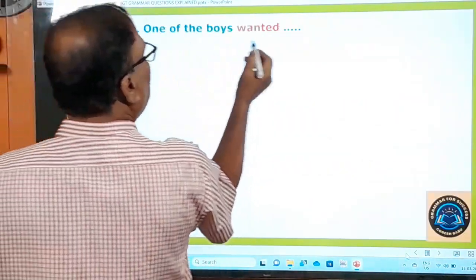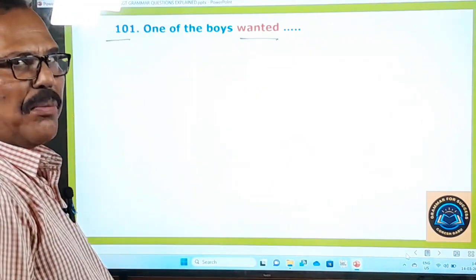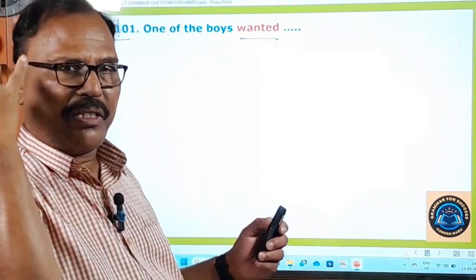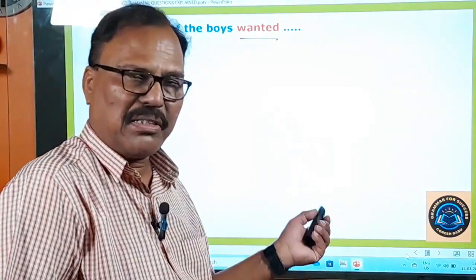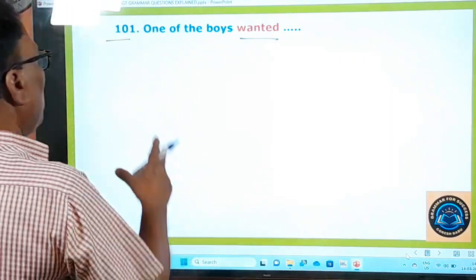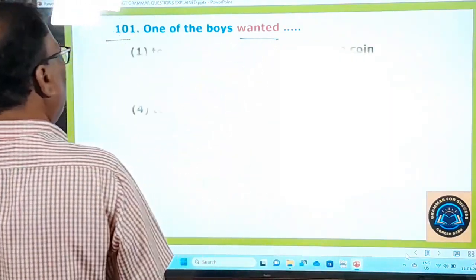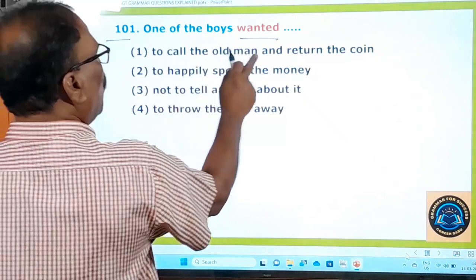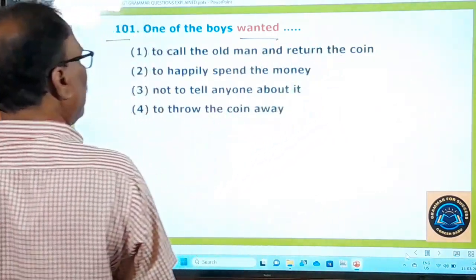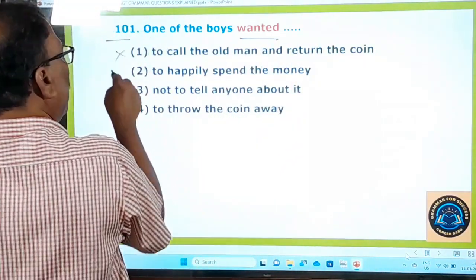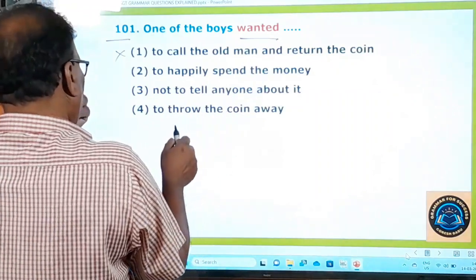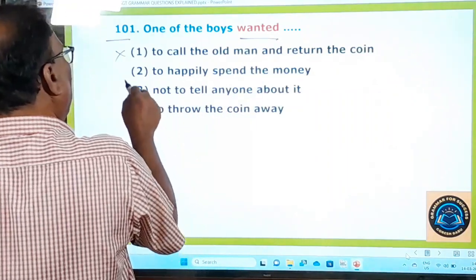101. One of the boys wanted. Of the two boys, one is a dishonest boy, the other one is an honest boy. So, what did one of the boys want? To call the old man and return the coin? No. To happily spend the money? Yes, that's the right one.